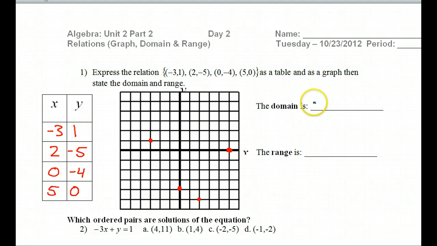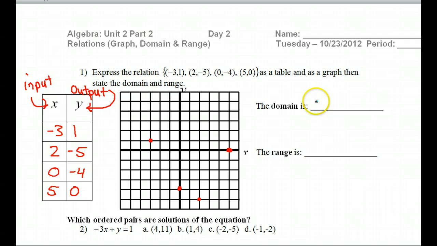Now the domain is all the x values. These first values are sometimes called input values. Okay, these y values are sometimes called output. So the domain is the set of all the input values.